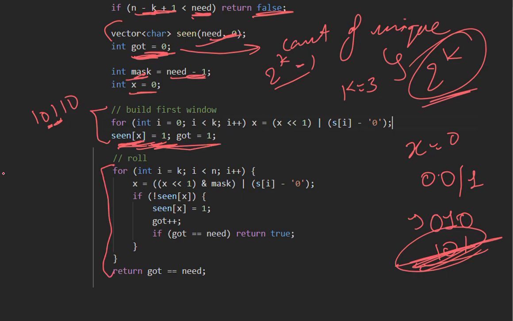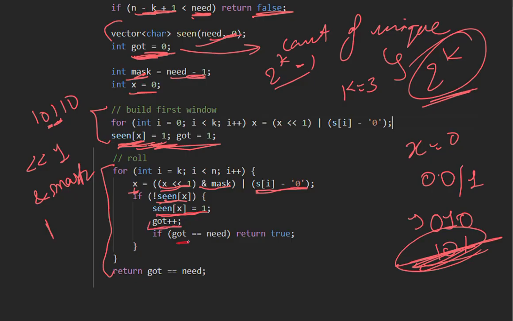Then we follow the steps of rolling. In roll what we were doing is first left shifting x by 1 bit, then AND with mask, and then OR with the new bit, right? And if we haven't seen this x previously, that is if not of seen of x is true, meaning seen of x is false, then we mark it as seen and we increase the count.